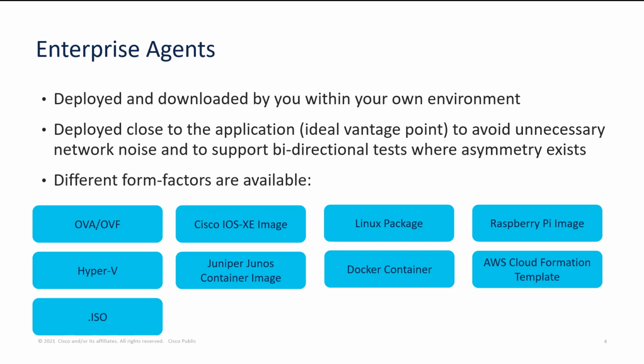For those organizations that are doing things with Docker, there are also Docker container images there, as well as AWS. So there's a good selection already available for you to use if you want to deploy enterprise agents.